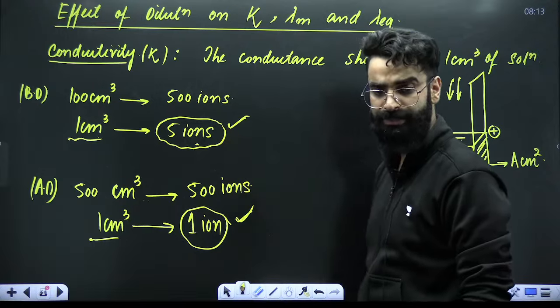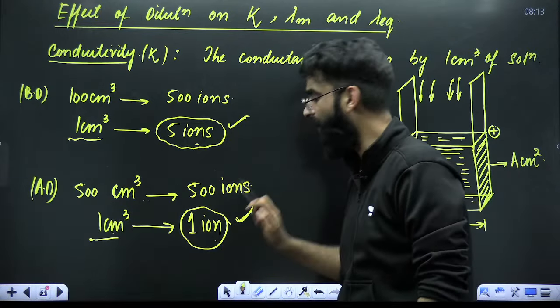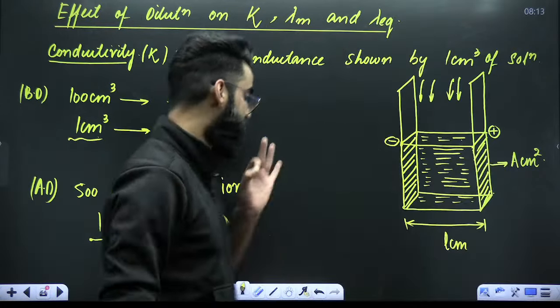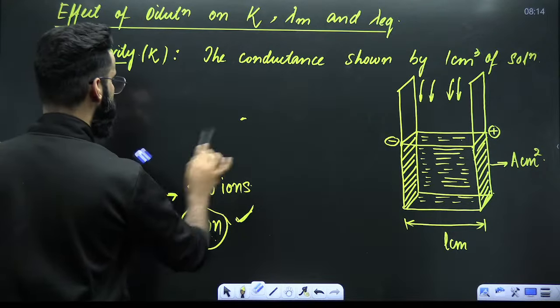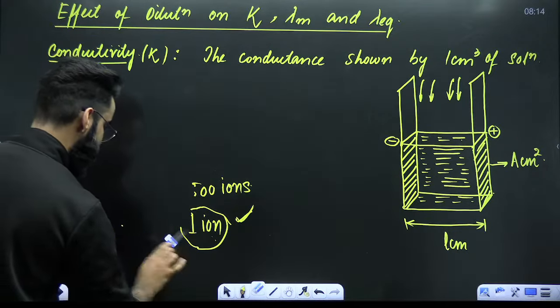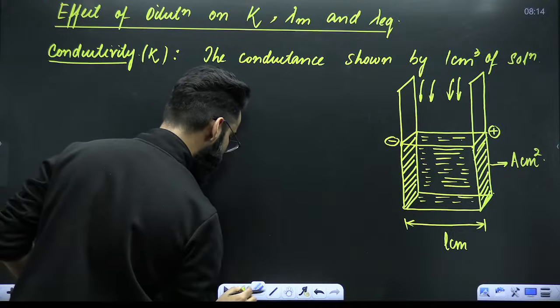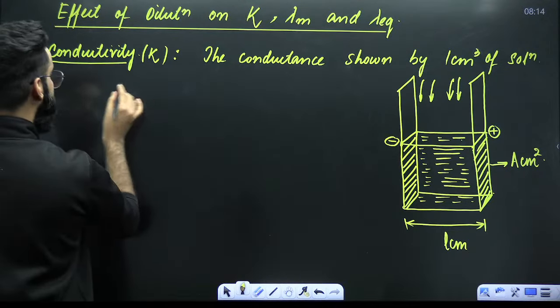And now, due to dilution, the number of ions per unit volume of the solution decreases.